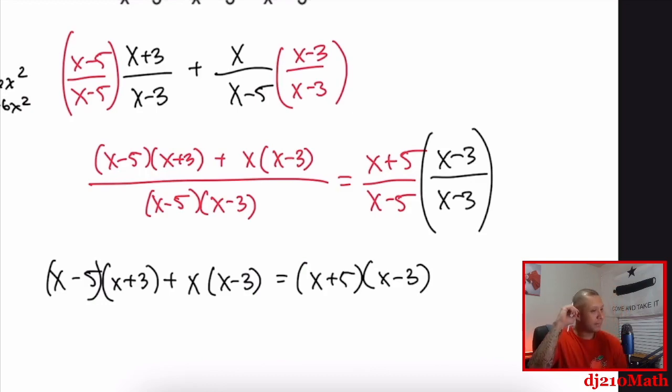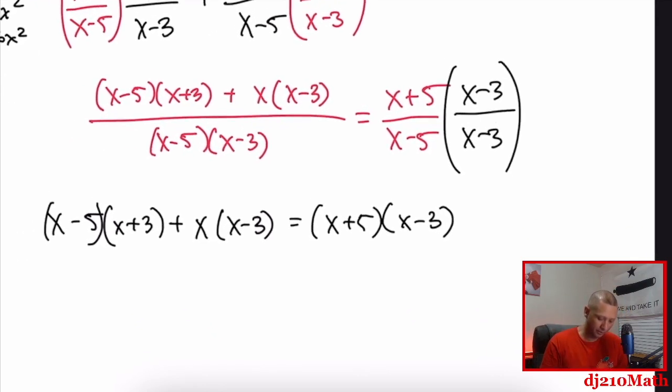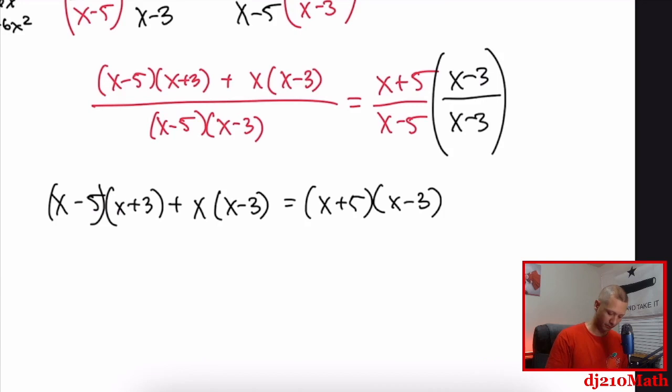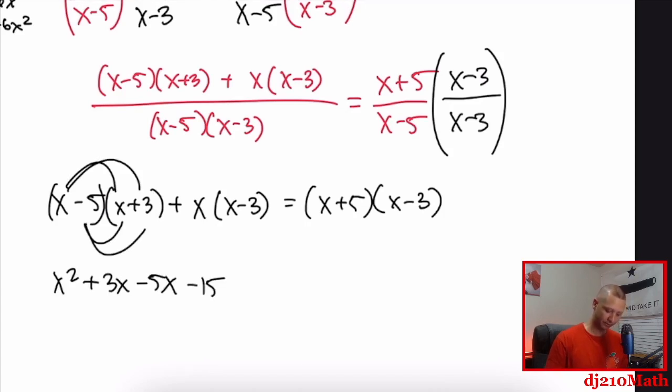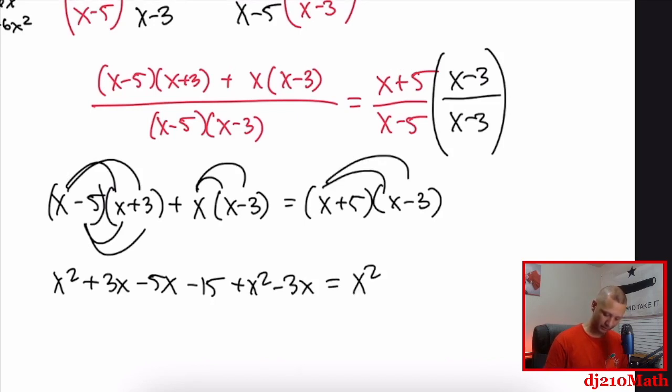All right, we're going to expand it all out, combine like terms, and then factor in the end. So x squared plus 3x minus 5x minus 15 plus x squared minus 3x. This is going to equal x squared minus 3x plus 5x minus 15.